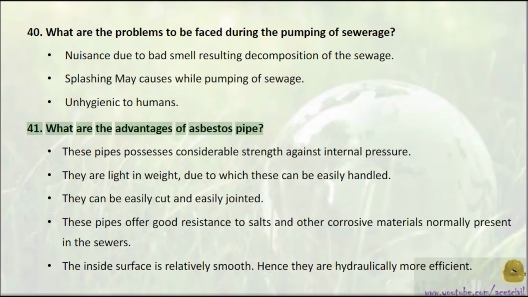What are the advantages of asbestos pipe? These pipes possess considerable strength against internal pressure. They are light in weight, due to which they can be easily handled. They can be easily cut and easily jointed.